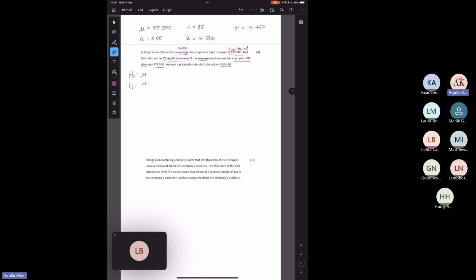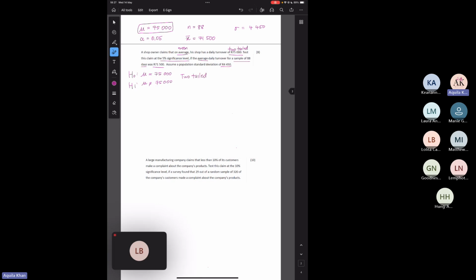We know that it's a two-tailed test, which means it must say equal to and not equal to in the null and alternate hypotheses, respectively. And then you literally use the value for mu, which is 75,000 Rand. So it's going to be equal to 75,000 in your null and not equal to 75,000 in your alternate. And like that, you are done with step 1.